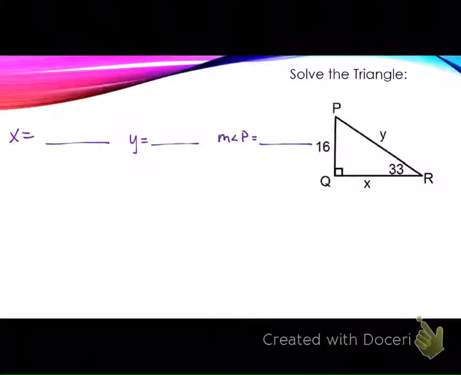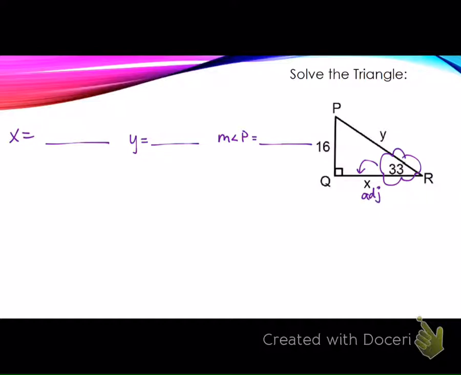Go on. Tell me how you're going to find x. What is your reference angle? 33. Okay. And we're trying to find x.